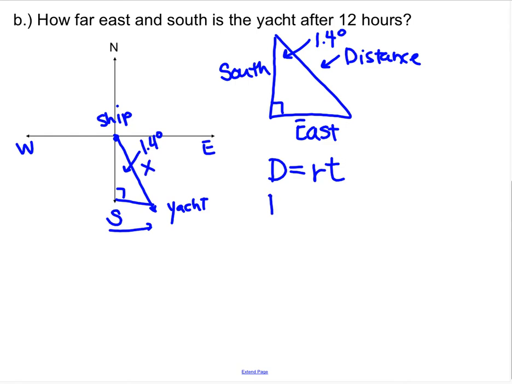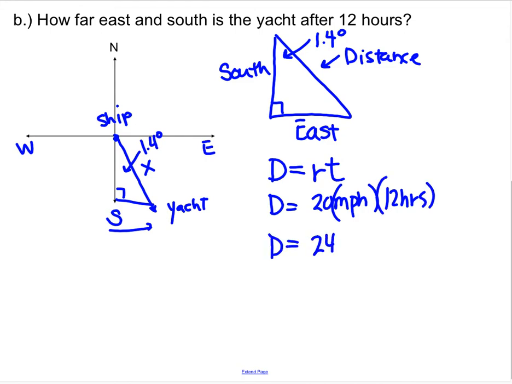We sub in. Remember, the rate is 20 miles per hour. Our time is 12 hours. We multiply, and we get 240 miles. So that will be labeled right there. Now we know our hypotenuse.